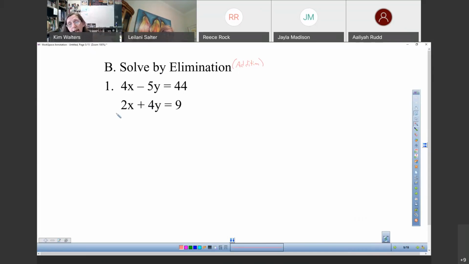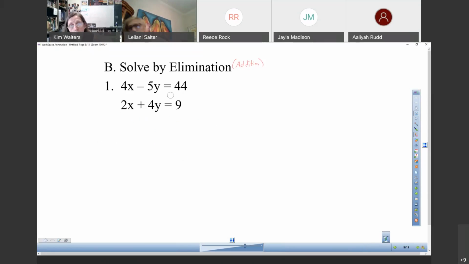If I were to add these two equations together, I would get 6x minus y is equal to like 53. And that does me absolutely no good. I have x's, I have y's. I didn't eliminate anything. So we're going to pretend like I didn't do this.